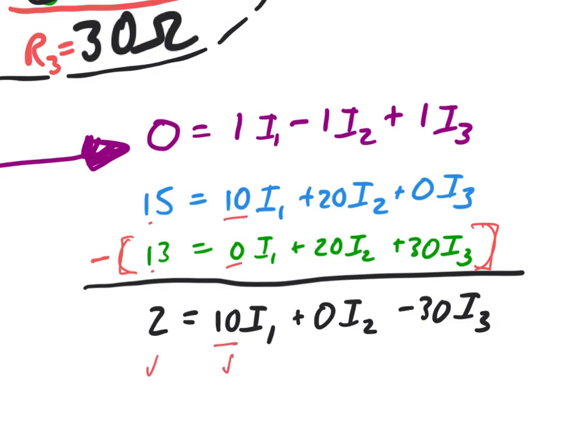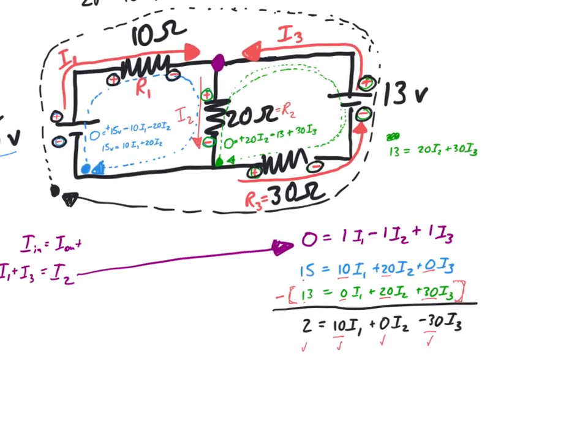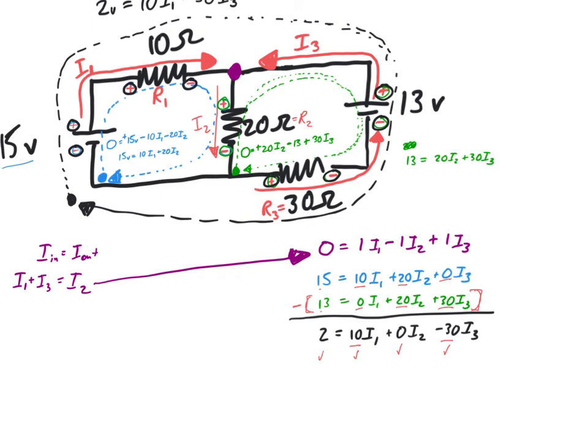Good. 20 minus 20 is 0. And 0 minus 30 is negative 30. Everything checks out. No mistakes so far. Those are our 4 valid Kirchhoff law equations for this circuit.